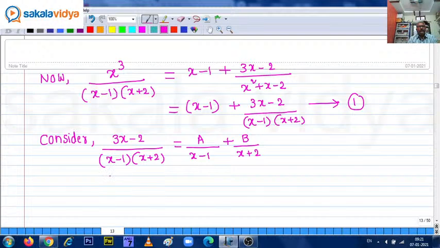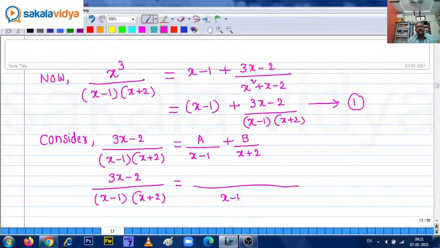So what shall we do now? 3x minus 2 upon x minus 1 into x plus 2. Here the LCM is x minus 1 times x plus 2. So a times x plus 2 plus b times x minus 1.